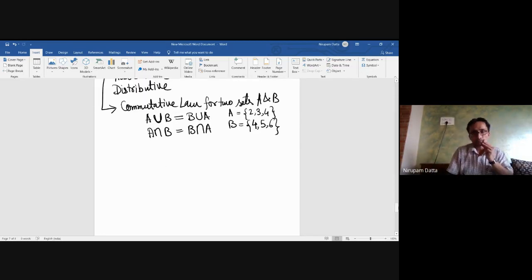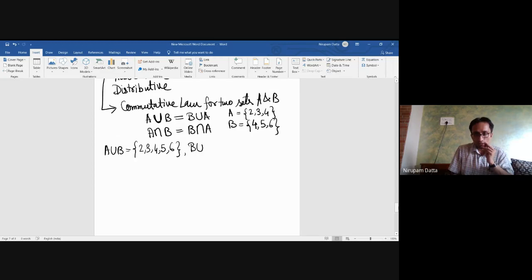So in this case, if you see, A union B means elements that are either in set A or in set B. So they are 2, 3, 4, 5, 6.